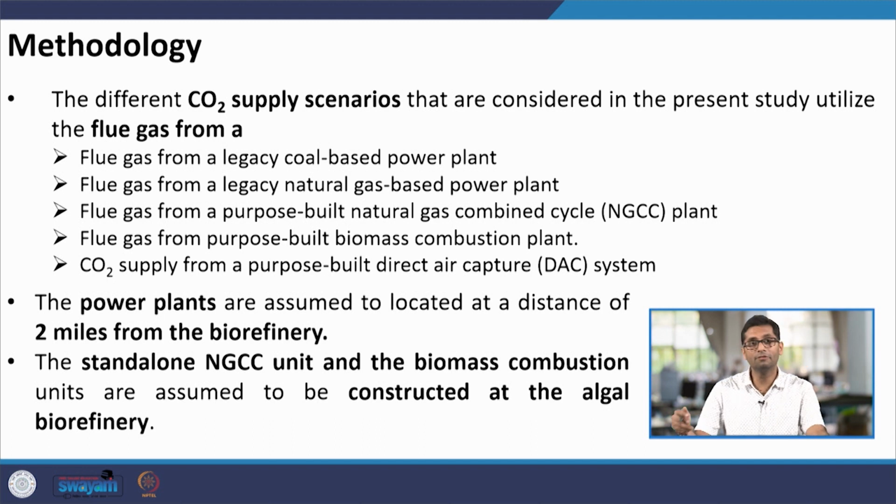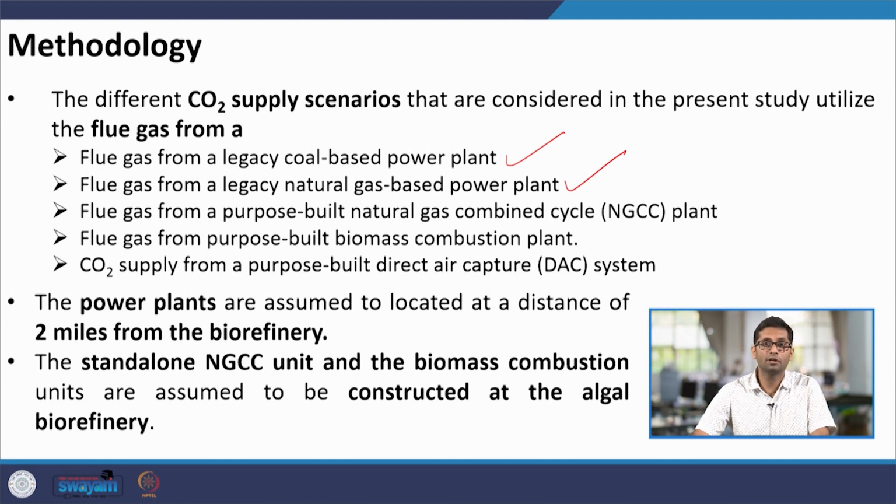And the sources of CO2 that we considered were a legacy coal based power plant that was already in place. We also wanted to compare the emissions with a natural gas based plant. Now natural gas based plants are somewhat more efficient, but the CO2 that is generated is quite dilute in nature. Then we can also build a natural gas based plant solely to provide CO2 for the algae growth.